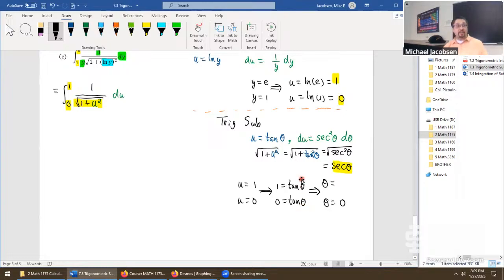Likewise, anyone spot the value for theta up above to get tangent of that theta equaling 1? It wouldn't be 1. It'd be pi over 4. Good call. Absolutely. Reason for that is pi over 4 is a pretty special value on the trigonometric unit circle.